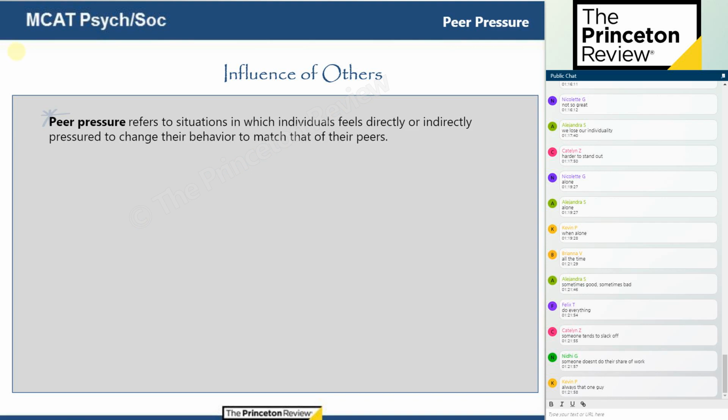Okay, peer pressure. Everybody's familiar with peer pressure. It's when folks feel directly or indirectly pressured to change their behavior to match those of the people around them. Typically, peer groups are those social groups where people are close in age and share interests.